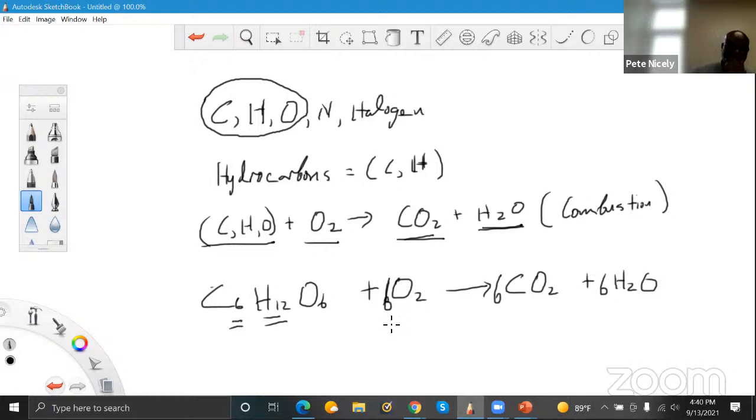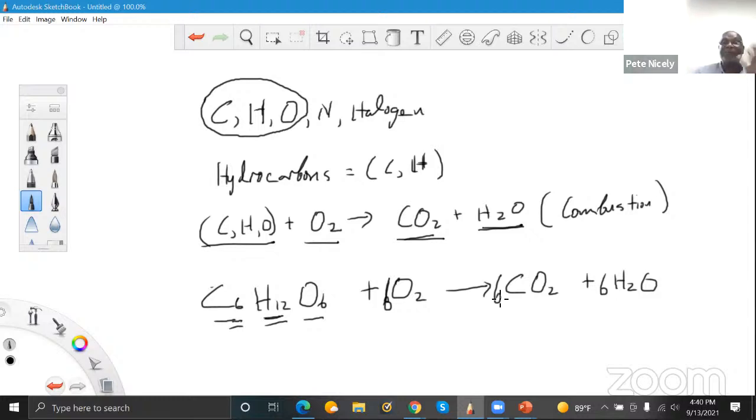All right. So that's basically how we determine the products of a combustion reaction when it comes to organic compounds which contain either carbon and hydrogen only, in the case of hydrocarbons, or compounds containing carbon, hydrogen, and oxygen. In both cases, the products are CO2 and H2O, all right?